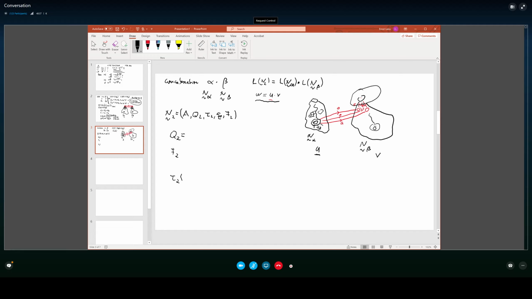Okay, got it. So what we want is an automaton for the concatenation of alpha and beta. That's what we're driving at. No more and no less.